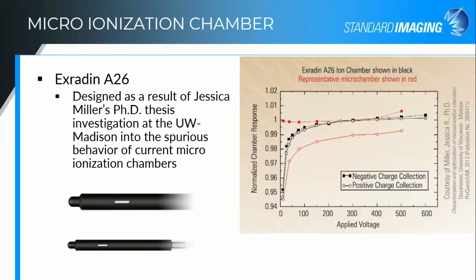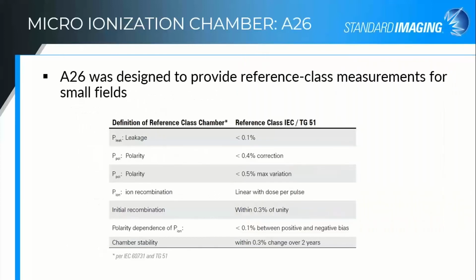And what was being seen was, in particular, a polarity and ion recombination type effect. But when you changed the polarity, you often got very strange behavior from the micro-ionization chambers. And what Dr. Miller did was track down the source of that particular behavior, and it had to do with conductance and the shape of the electric field.